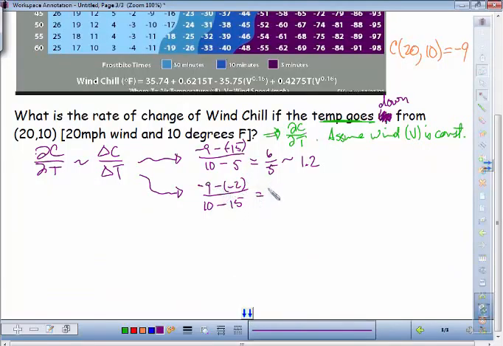And this is a -8 over -5. So this is, let me guess, 1.6? 1.4? Yeah.